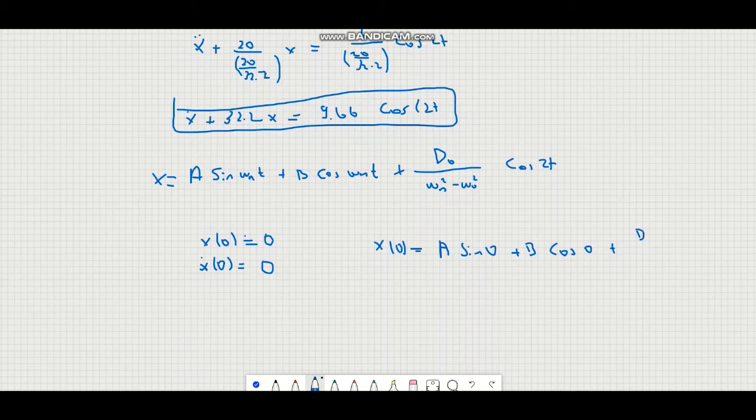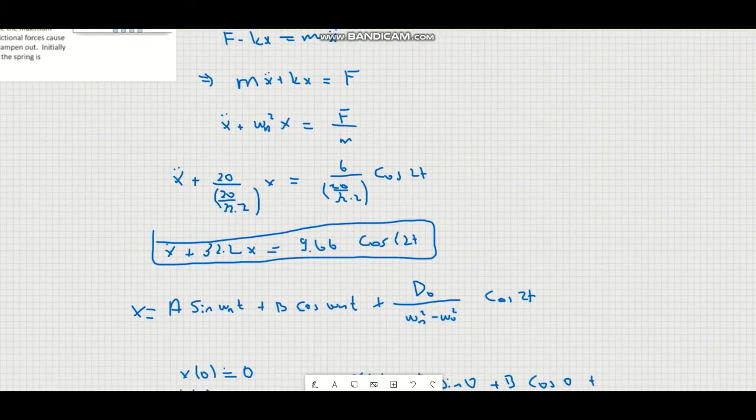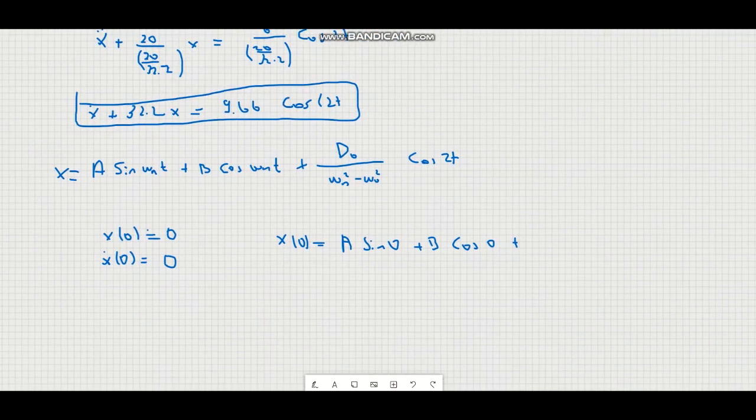Instead of d0 we can write d0 as we calculated above, 9.66.